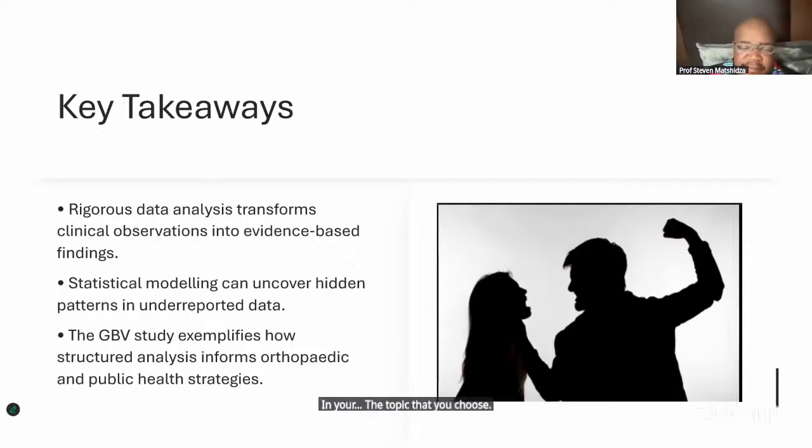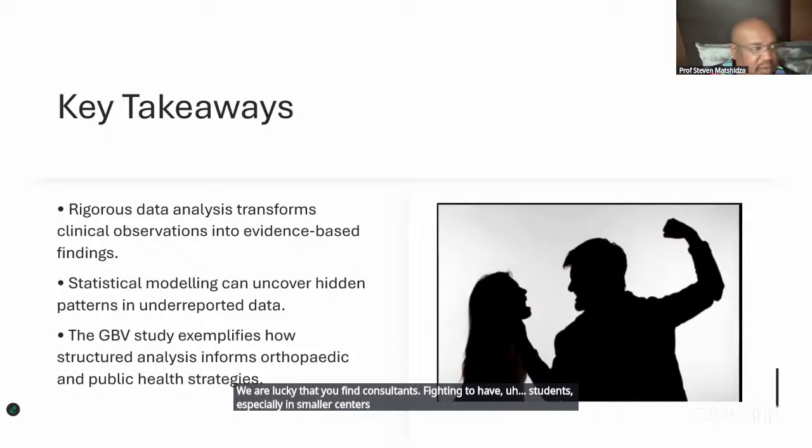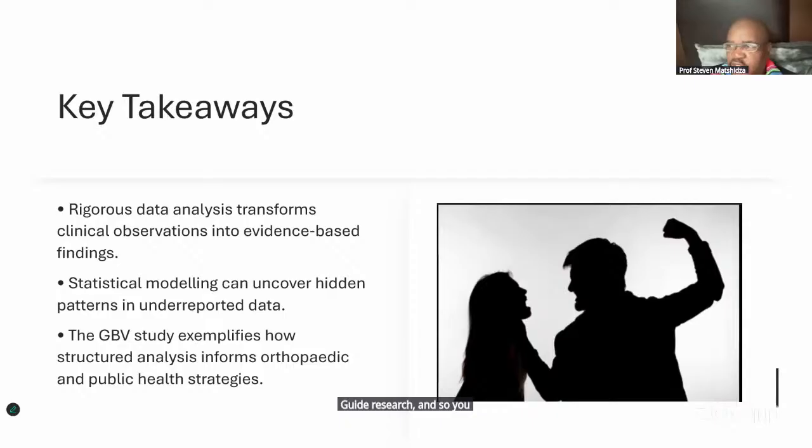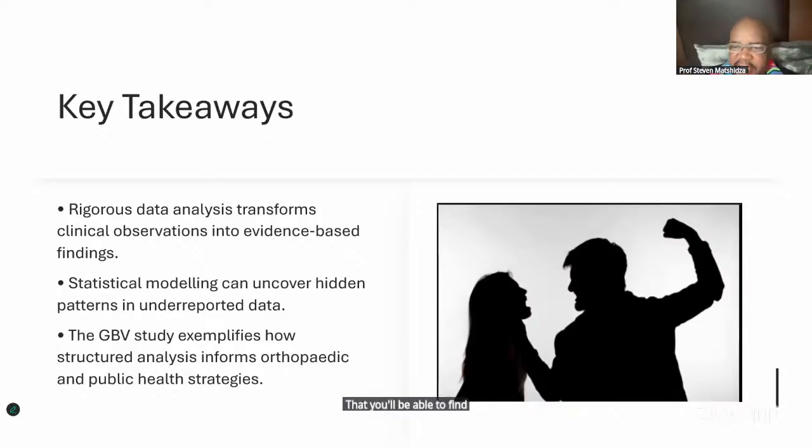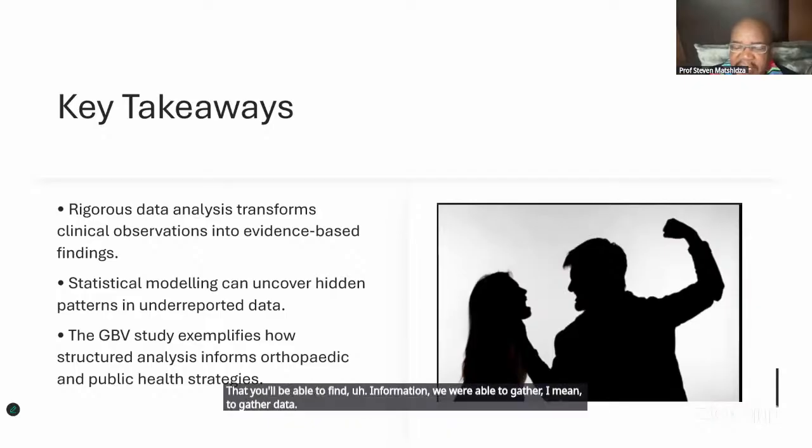In some institutions, for example, we are lucky that you find consultants fighting to have students, especially in smaller centers like us. They want to guide research, and so you've got a lot. So they will choose a topic that they know that will be able to find information, you'll be able to gather data easily.